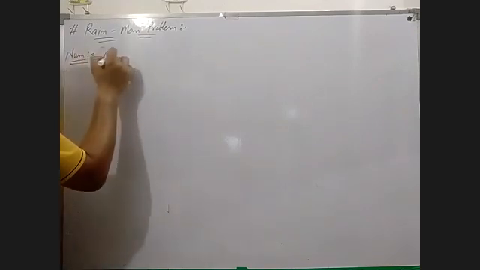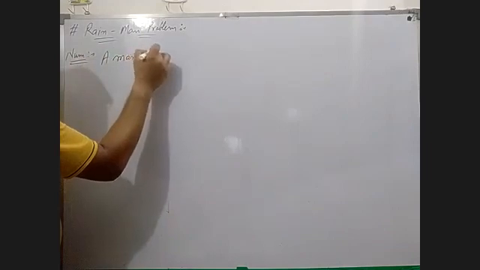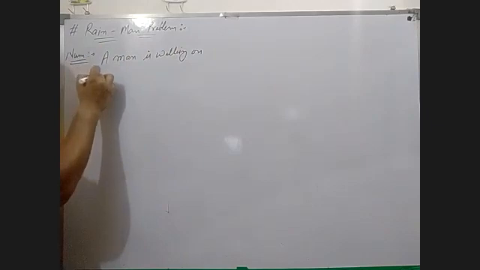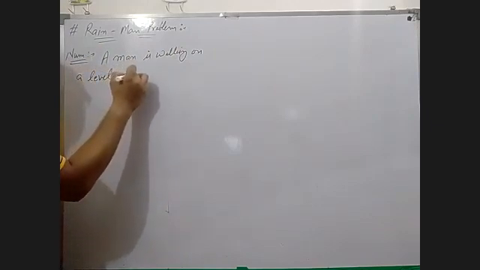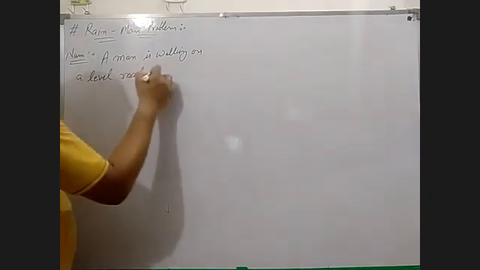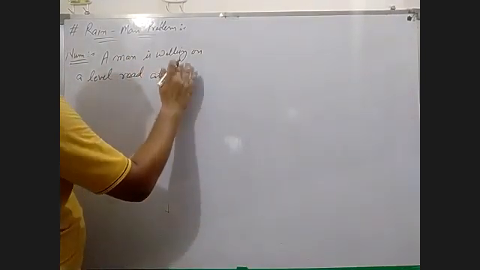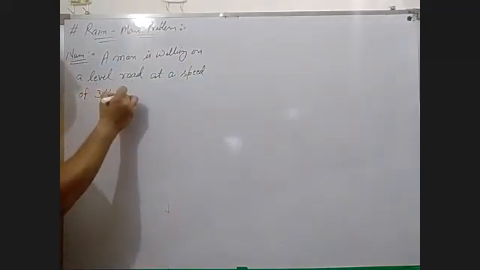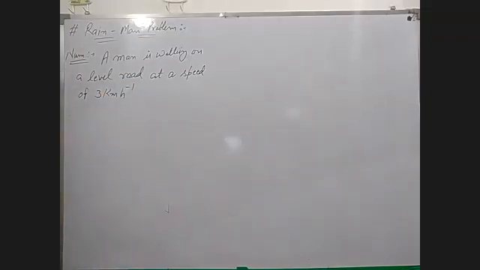Now, solve this numerical. A man is walking on a level road at a speed of 3 kilometers per hour. Man speed is 3 kilometers per hour.